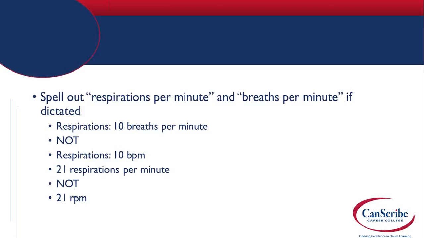They're not considered common abbreviations. So even if they do give you the abbreviations, be sure to spell those out. So it's 10 breaths per minute, not 10 BPM, and it's 21 respirations per minute, not 21 RPM.